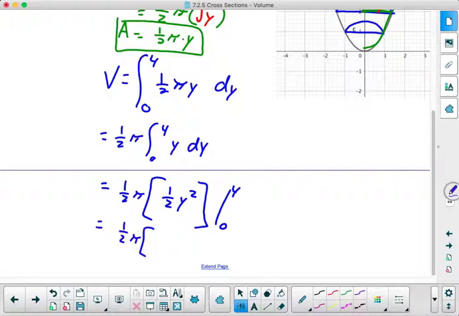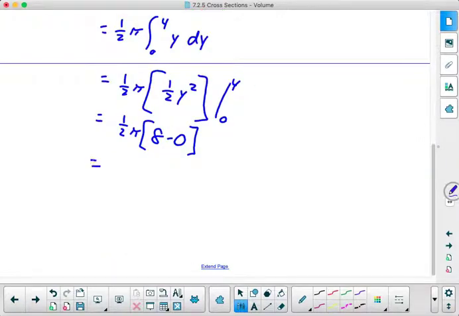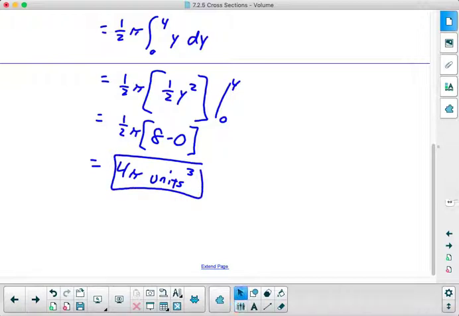If I plug a 4 in, I get 16. Half of that's 8. 8 minus 0. Half of 8 is 4, so I have 4 pi units cubed when all is said and done for the volume of my semicircles. Yes? Success? I sure hope so.